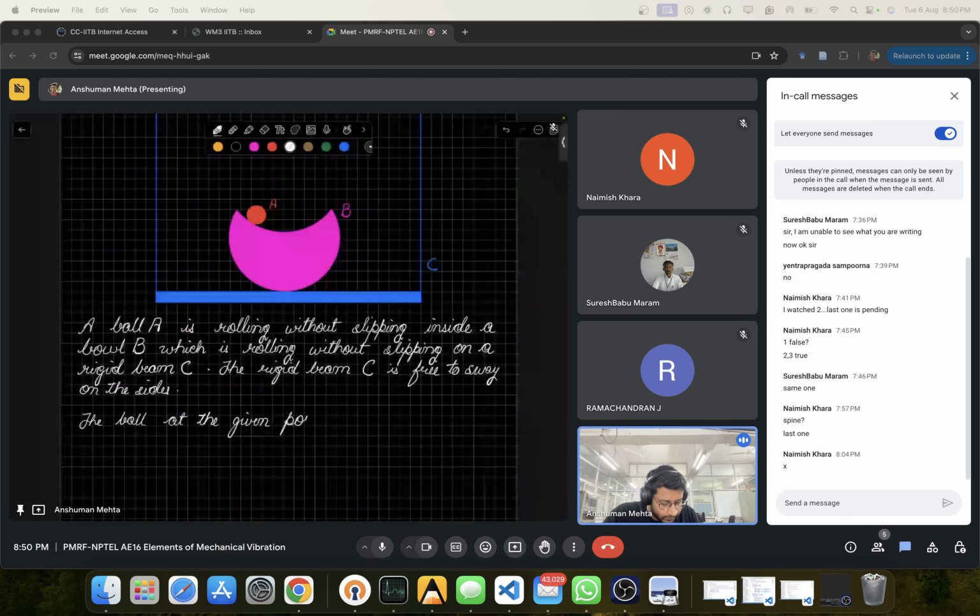Whatever is given in the figure is given an initial tangential velocity V0.